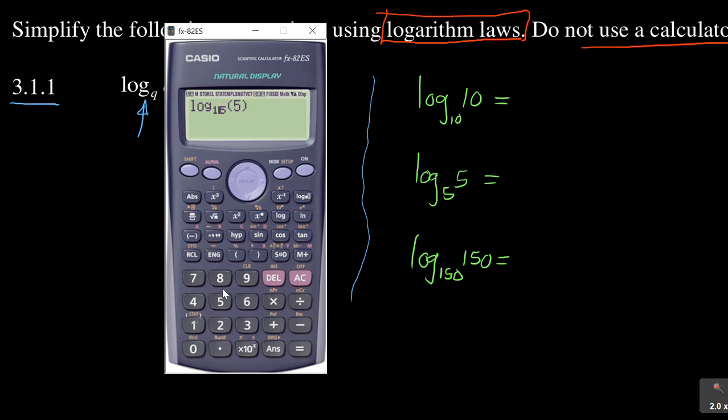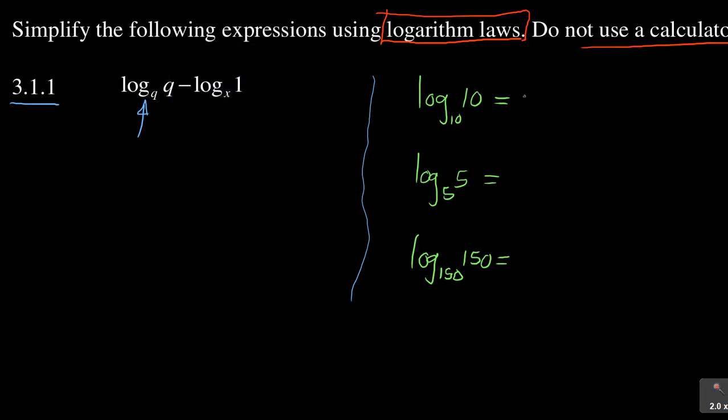The last one is log base 150 of 150, and I'm getting a 1. So in all instances I'm getting a 1. And what is the hint there? When the base is the same as the number, I get a 1.